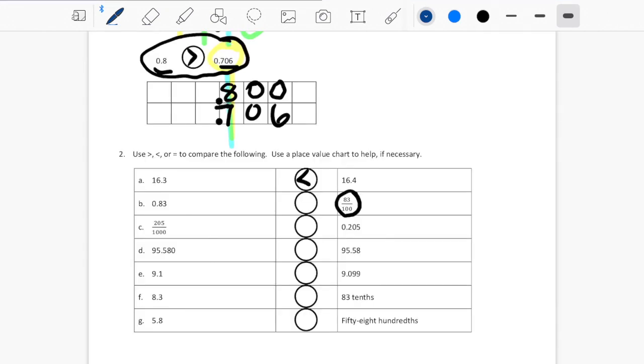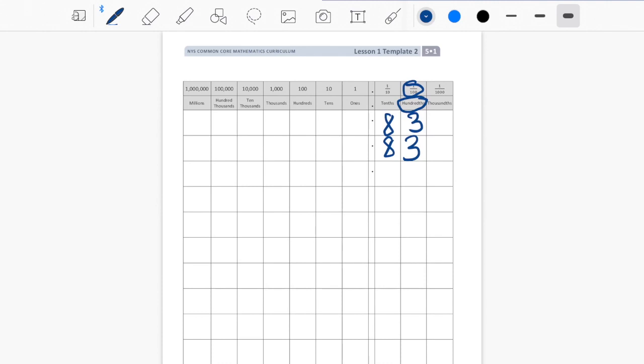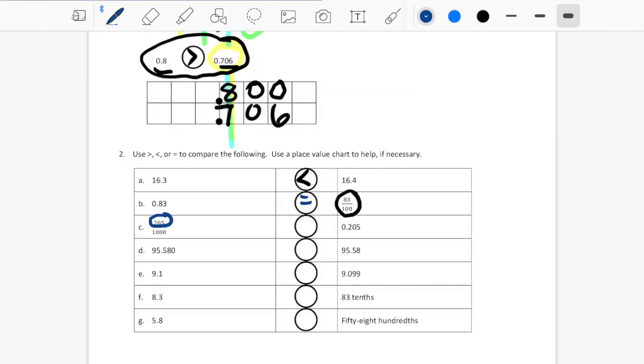So they are in fact equal. Next, 205 thousandths. Again, we're comparing decimals to fractions versus 205 thousandths. They are equal.